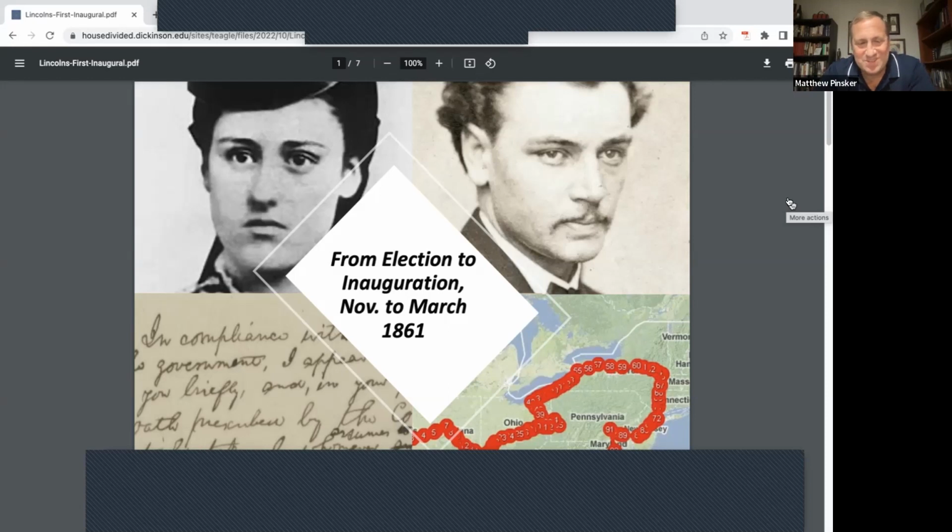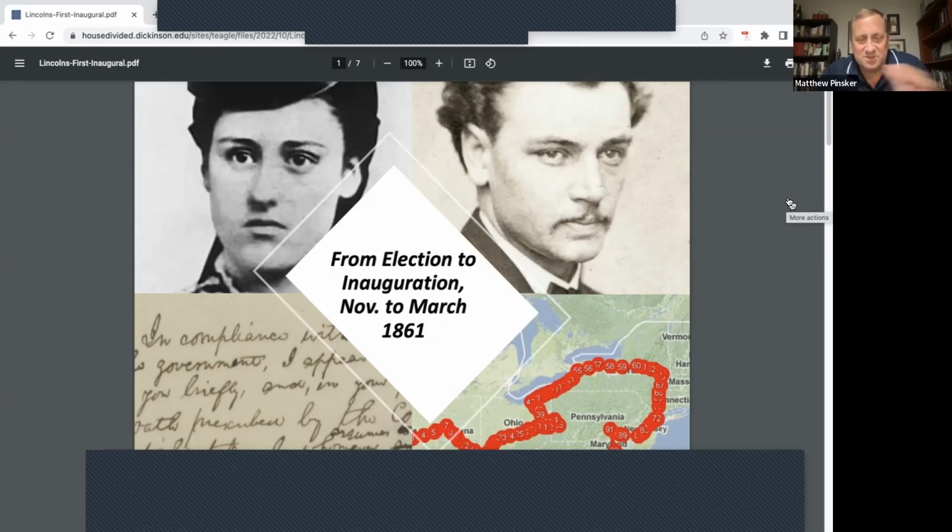And in typical teenage boy fashion, Robert lost it. He gave it to a porter, and Lincoln was furious. Angry father goes out on the railroad platform at one point to chase down his missing satchel to get the copies of the inaugural address so they won't fall into enemy hands, or even worse, reporters' hands.